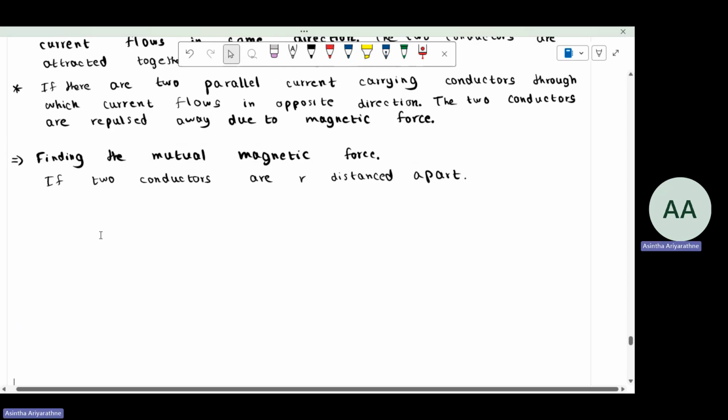If they are r distance apart, I can write the magnetic field acting on the first conductor due to the second one.